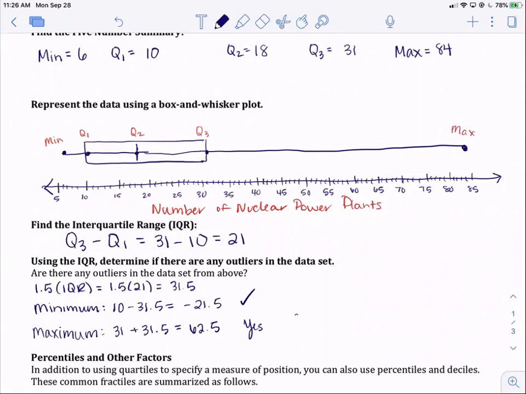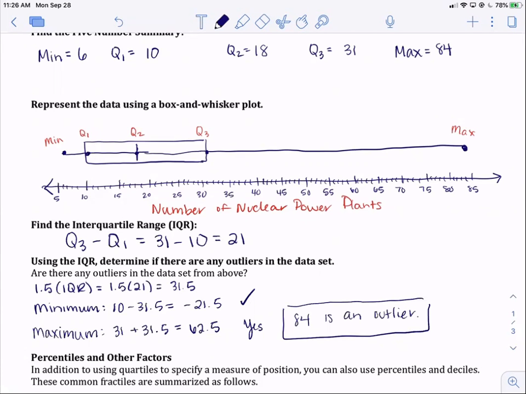Okay, so 84 is an outlier. So that's how we confirm it. It has to be more or less than 1.5 times the IQR.